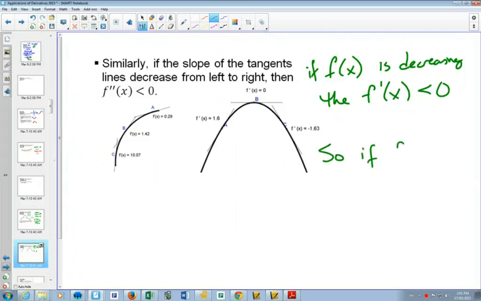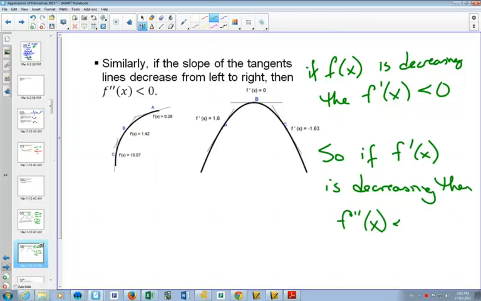So if our derivative is decreasing, then our second derivative would have to be less than 0. So if we look as we're going from left to right, we go from 10 to 1.42 to 0.29 in this case. Those derivatives are decreasing. And so we have concave down as a result.